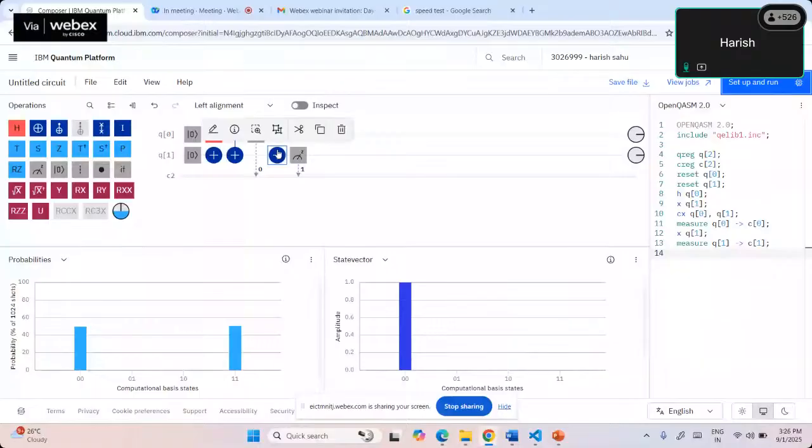But the limitation here is what? For a larger application, you cannot work at this kind of gate level. You need a high level programming interface wherein with some lines of code you can generate the circuits. Suppose I want to measure these 2 qubits, I need to drop this measurement operation 2 times like this. So this is tedious, not an elegant way to do it.